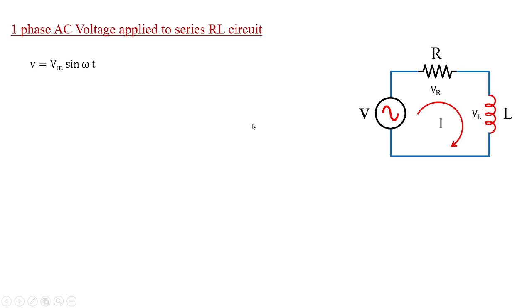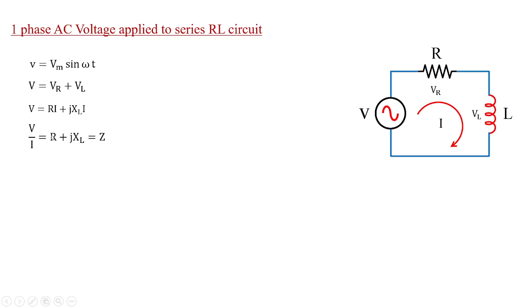If we apply KVL, the input supply voltage is equal to VR plus VL, the developed voltage across the resistor and inductor. Substituting in rectangular form, it is R multiplied by I for the drop across the resistor and jXL I for the drop across the inductor.